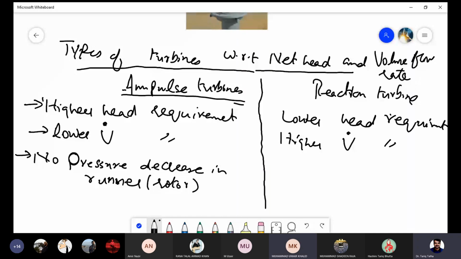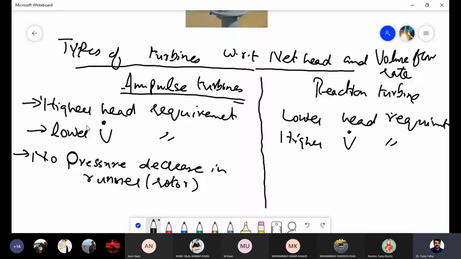As was said, the impulse turbine can operate for low volumetric flow rates, but it requires higher head. Higher head means higher difference in pressure, right? But the reaction turbine can operate for lower pressure difference, but due to the lower pressure difference, the volumetric flow rate should be high, right? Now I am talking in terms of pressure decrease in a stage.